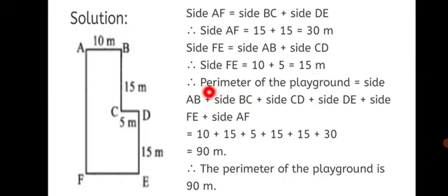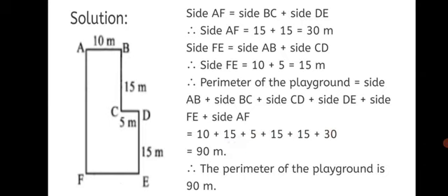Now we will write the perimeter. Perimeter of the playground is equal to the sum of all sides. So add all the sides. Side AB plus side BC plus CD plus DE plus FE plus AF. So when you add, you get 10 plus 15 plus 5 plus 15 plus 15 plus 30 is equal to 90 meters.